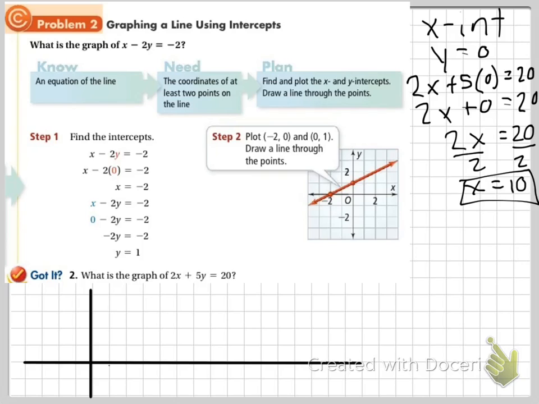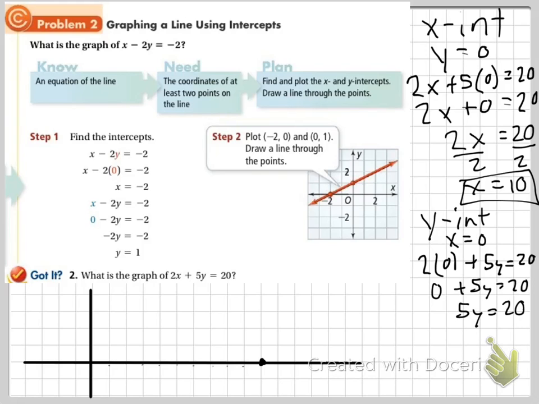So I'm going to look here. 1, 2, 3, 4, 5, 6, 7, 8, 9, 10. Right here, I'm going to put a point. And then I'm going to find my y-intercept. And that's when x is equal to 0. So this is going to be 2 times 0 plus 5y equals 20. That's 0 plus 5y equals 20, which is just 5y equals 20.